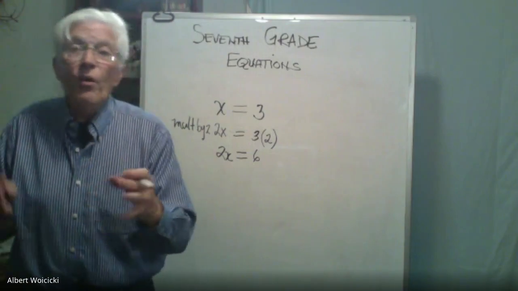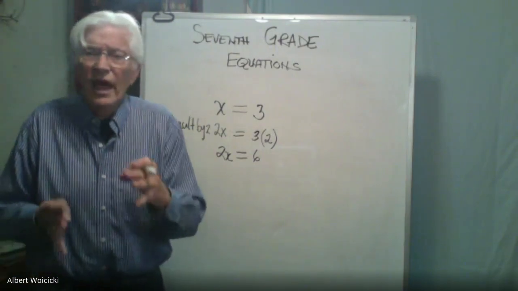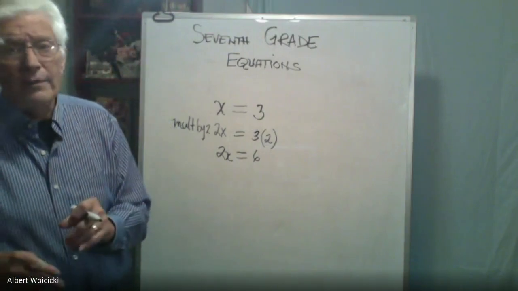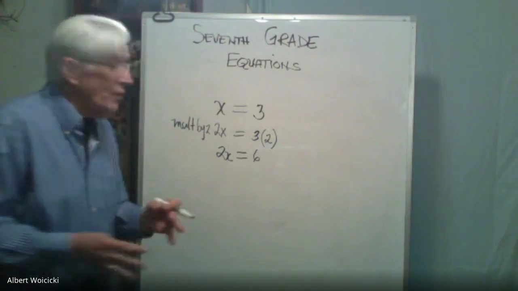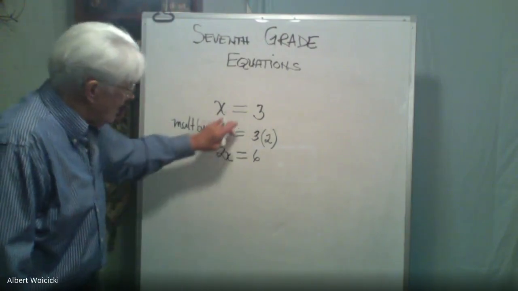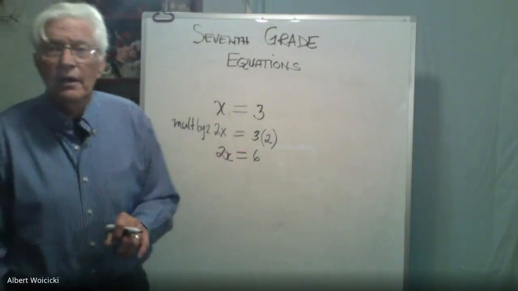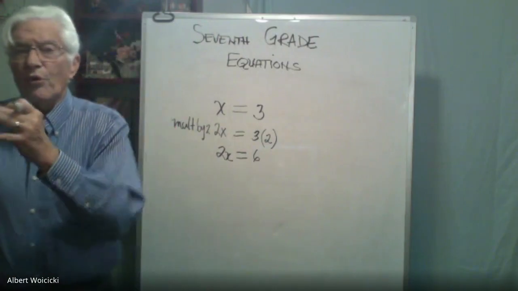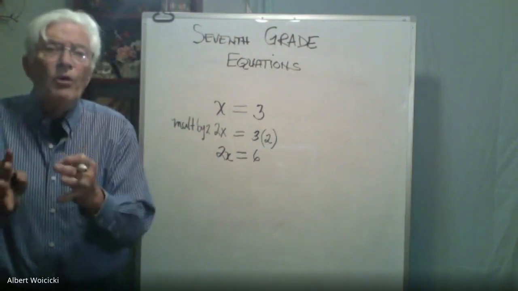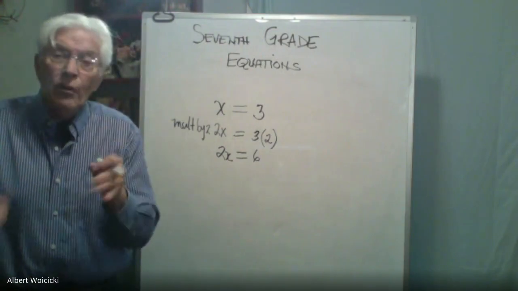You never know where one stops and one starts. It's very confusing, and it's wrong to do it that way. Totally incorrect. So if you're doing an equation, make sure the equal signs are vertically in line. You always know what the left-hand side is. You always know what the right-hand side is. And you always know what they've done to both sides of the equation, because that's what you're supposed to be knowing.